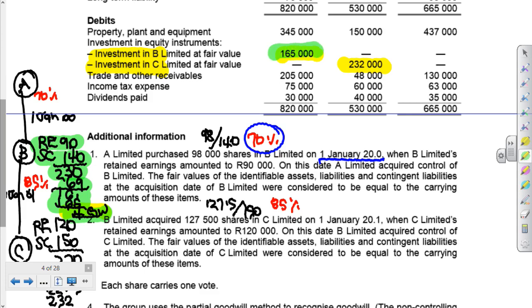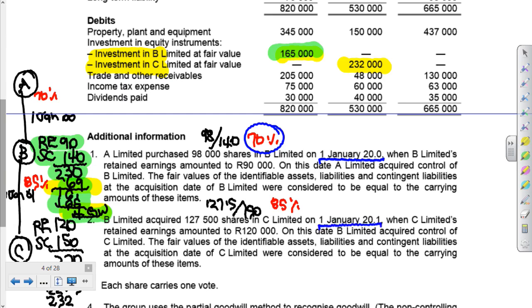I have goodwill of 4. So the first acquisition entry gives me a goodwill of 4 and an NCI of 69. There's my NCI.